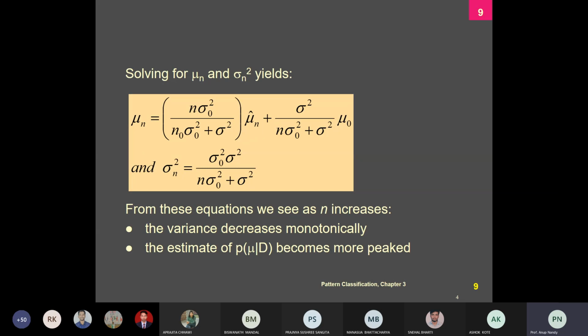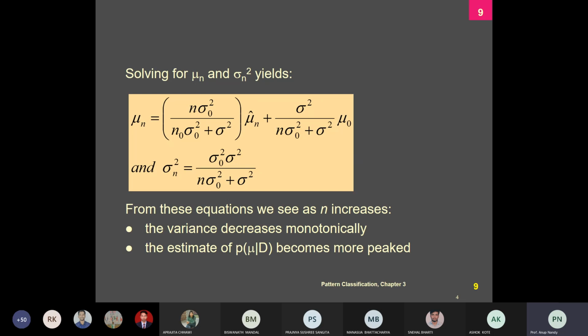Now sigma n square decreases monotonically with n, approaching sigma square by n. There is a normalizing factor: sigma square by n. If n is a sufficiently large number, approaching infinity, this sigma square by n will decrease monotonically as n increases.